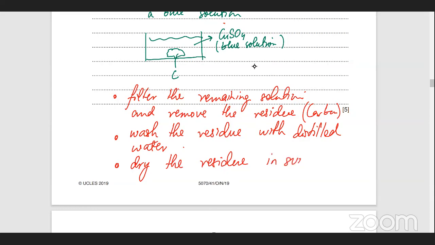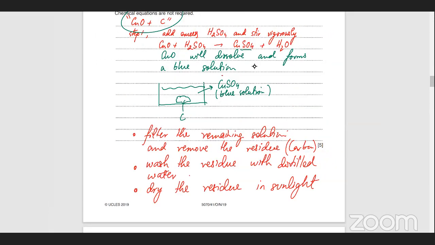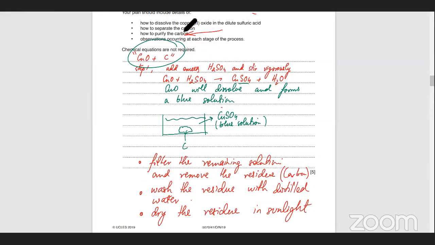Okay, and that's pretty much, you've given a lot of explanation, and although कहा हुआ था कि chemical equations are required, we've pretty much given all the information that is needed.